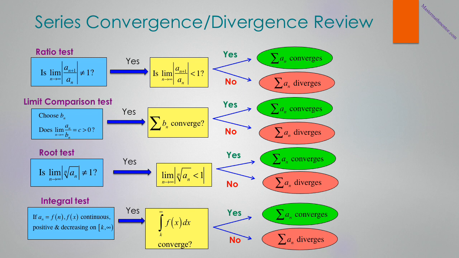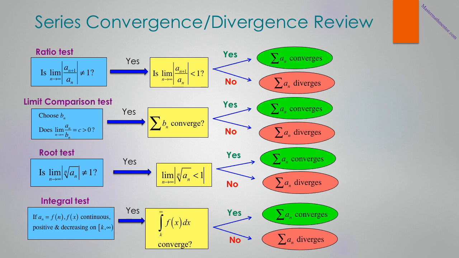Finally, we reach the integral test. There are a very small range of series that will resist all the previous tests and yet will give a result with the integral test. We look at a sub n is equal to some f of n, and we assume that it is a continuous, positive, and decreasing function on the interval k to infinity.